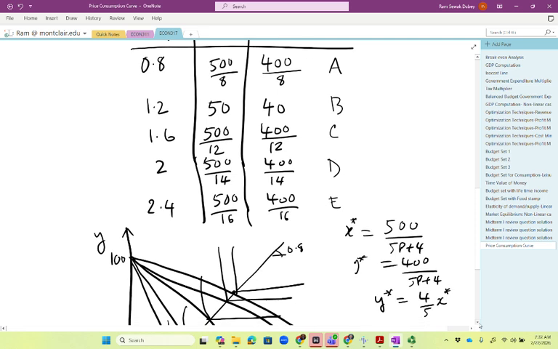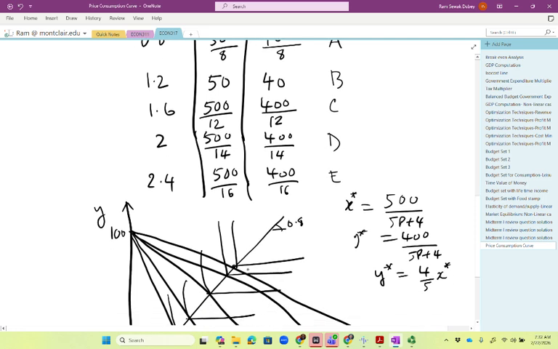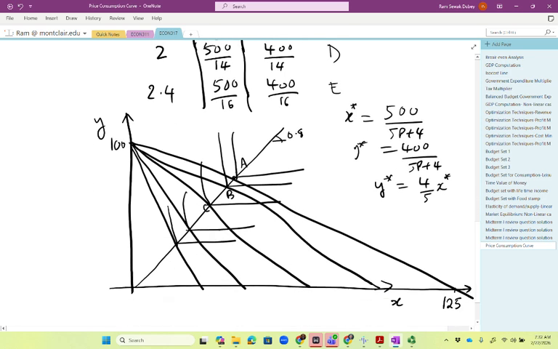So this one is point A, the second one is point B, the third one is point C. I go down further, I get point D here, point E here, and so this is the price consumption curve. The straight line with the slope of 4/5 is the price consumption curve.